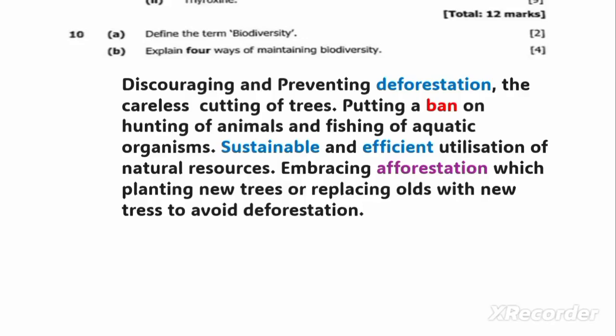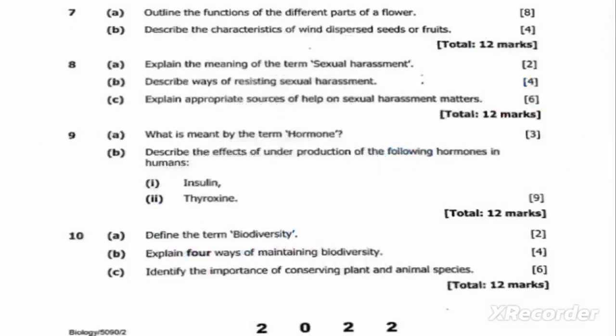The last part of question 10, and this one will be our last question in this paper. Question 10c, identify the importance of conserving plants and animals. The question is carrying 6 marks. So what are the importance or benefits of conserving plants and animal species?